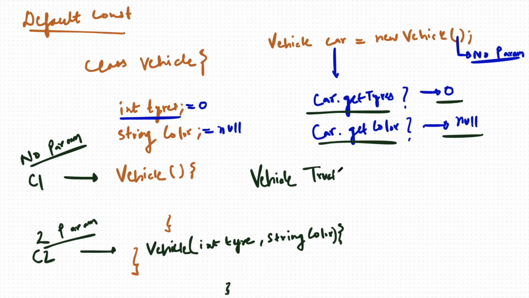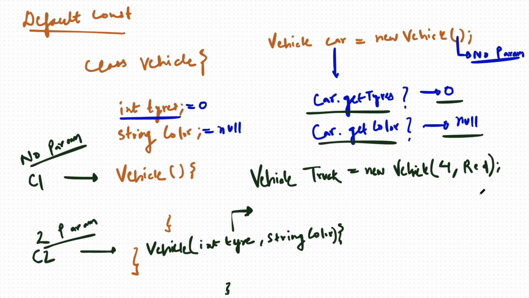Truck is my new object, which is equal to new Vehicle. But now inside the parameter I will pass the number of tires. So I will pass 4 and I will also pass the color. So let's pass it as red.